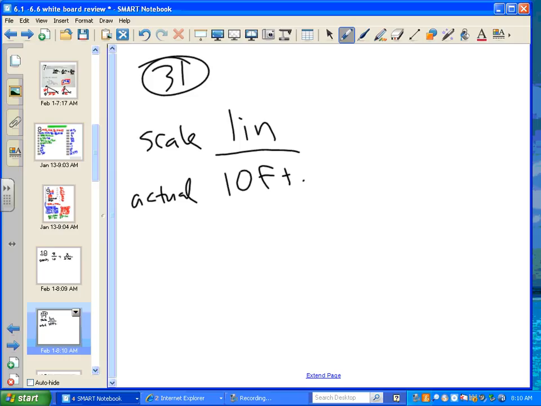It says use the given actual length to find the length of the object in the scale drawing. So we need to find the scale because they give us the actual. The actual was 8 feet, and that was the question for 31. Use cross products, you get 10x equals 8. Divide both sides by 10, you get 4/5, which you could also put your answer as a decimal.